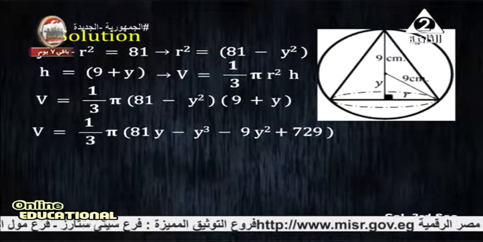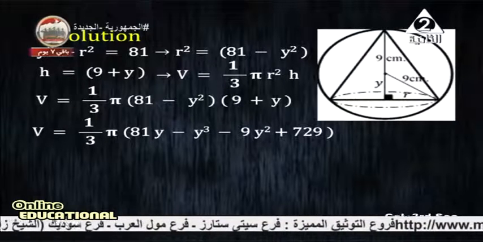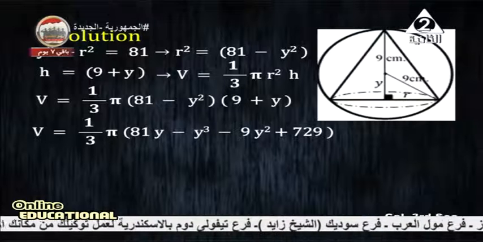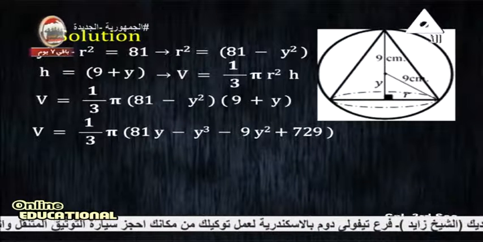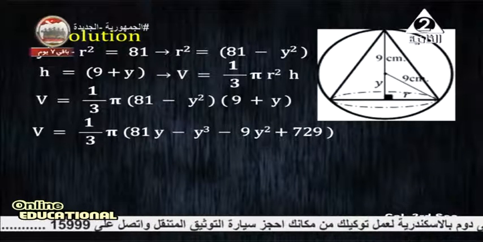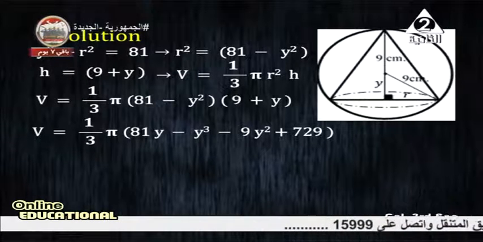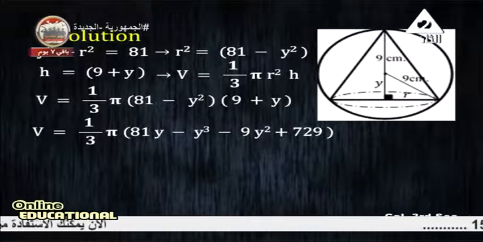Now V equals one third pi, multiplied by the bracket (81y minus y to the power 3 minus 9y to the power 2 plus 729), by expanding the brackets to simplify the expression.